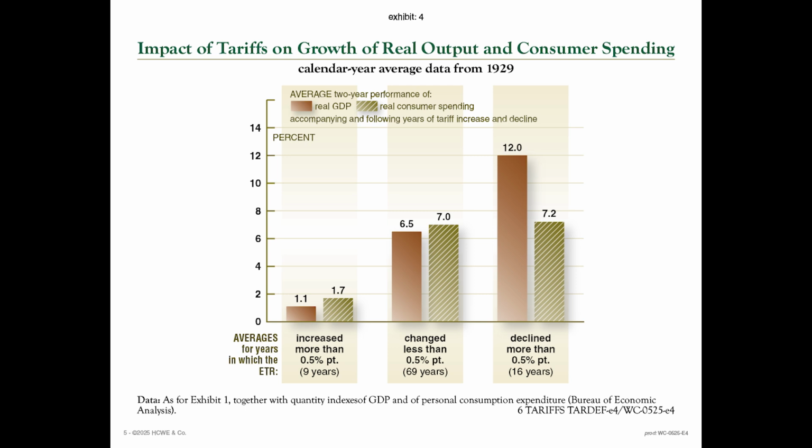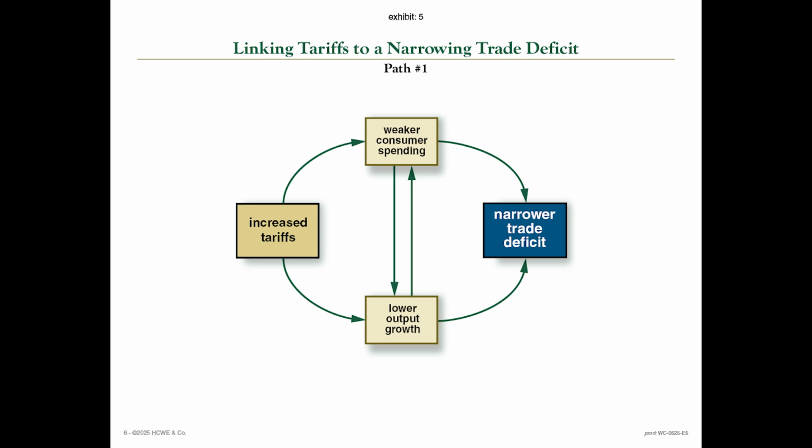And this is not just the growth in output, but it's also the standard of living as well. So we clearly have an inverse relationship between tariffs and growth, which makes a lot of sense since tariffs distort the path of economic activity away from the most efficient places where costs are lowest towards the constrained opportunities where costs are higher. So we can see this diagrammatically in this fashion.